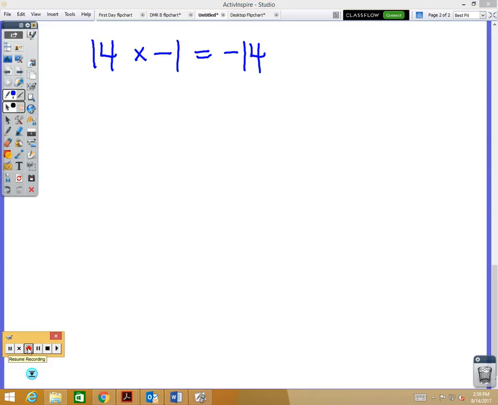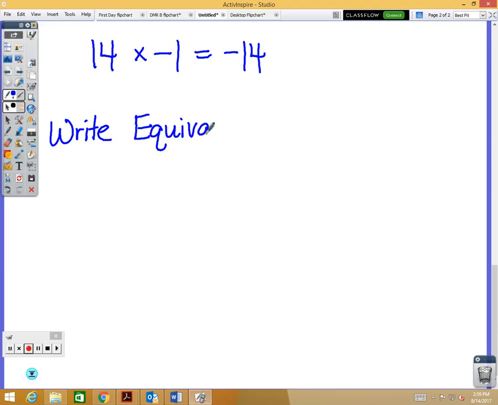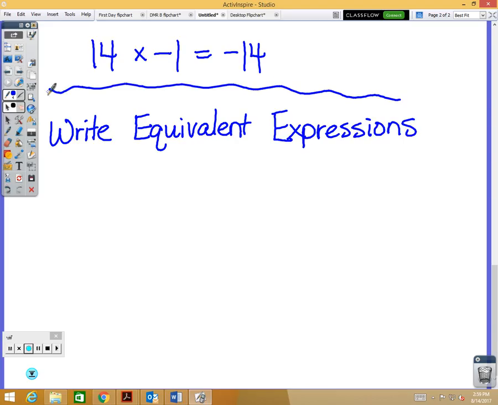Couple examples of writing equivalent expressions. You will have some problems similar to this on your assignment. For instance, if you had 8 plus parentheses 9m plus 4.